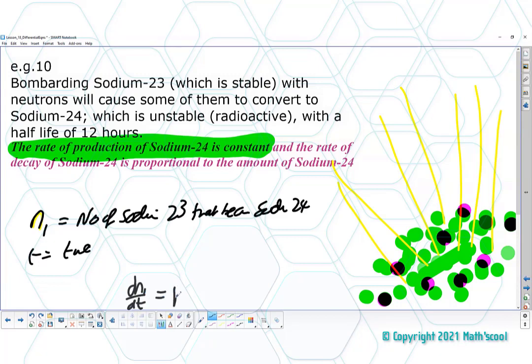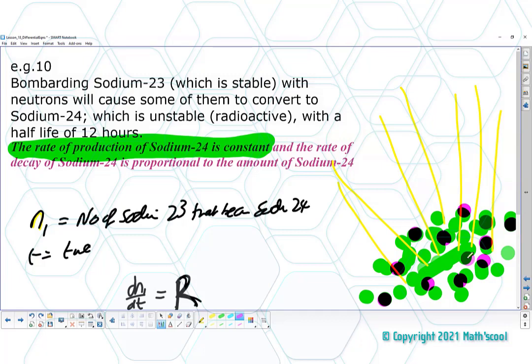I won't even use K, I'll use C. C I use when I'm integrating, don't I? I use R. So the rate at which sodium-23 appear is constant. I don't know, maybe every minute you'll get 4, sometimes 5, maybe sometimes 3, but on average 4 a minute.